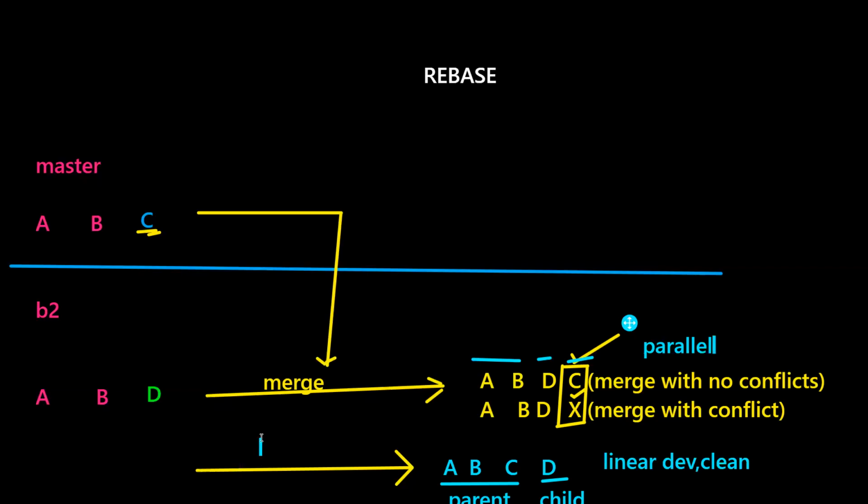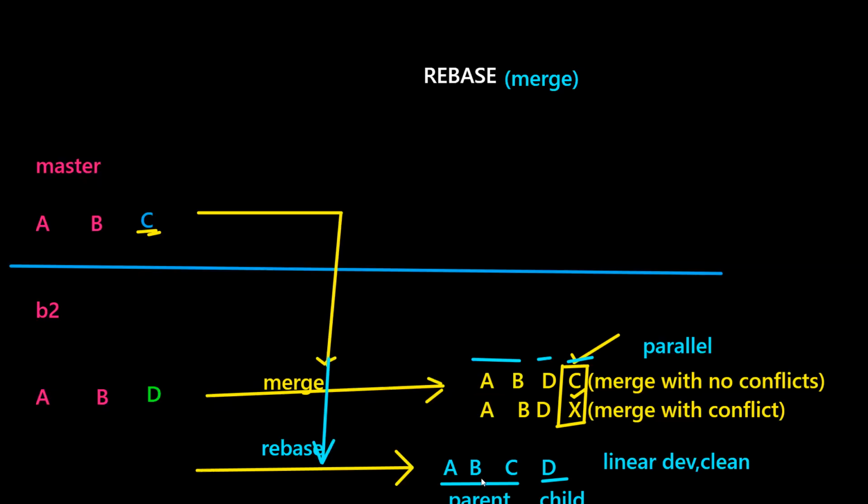This is called rebase. What is rebase? Rebase is also a kind of merge. It is rewriting the log history. Functionality-wise, it is the same. It's integrating changes from one branch to another, but it rewrites the log history in such a way that it would be lean, clean, and clear.